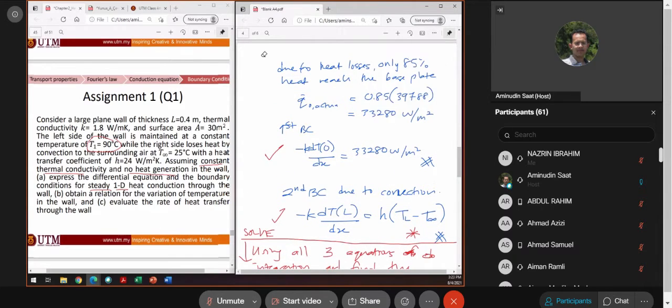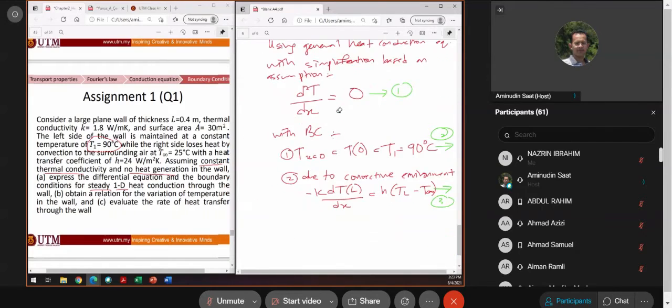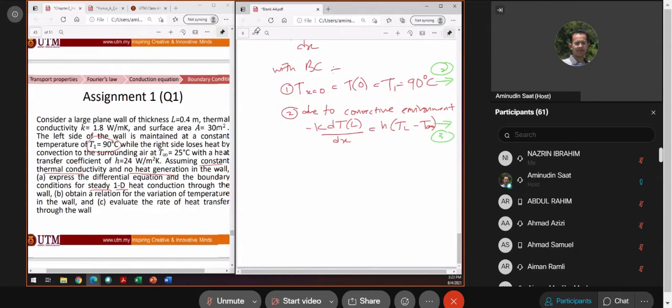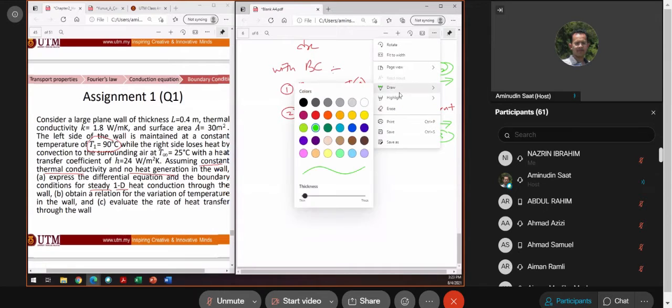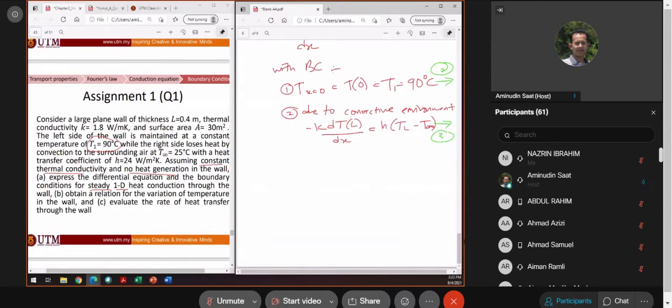How to erase? Okay, never mind, I'll try to utilize the space given here.